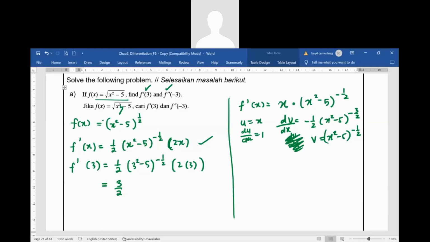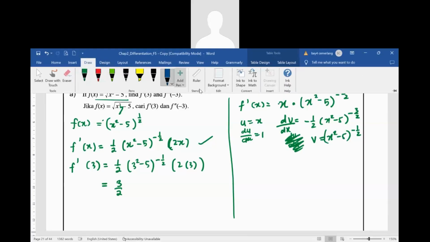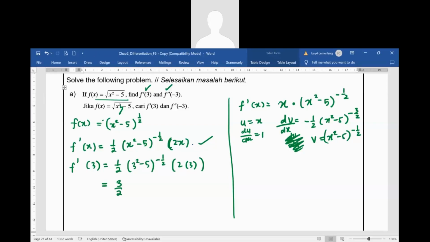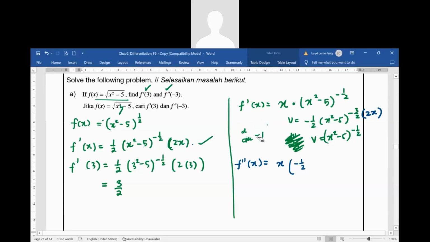You no need to simplify the expression; it wants the value only. So once you apply the formula, you substitute into your f prime prime. So f prime prime x equals x multiply by u and dv dx, multiply by negative 1 over 2. I forgot to multiply the 2x here. Okay, never mind. I redo this part. I think I missed a lot of things here.